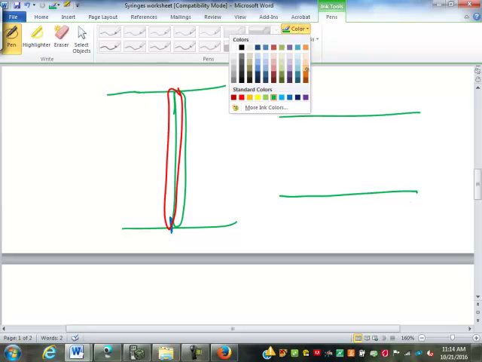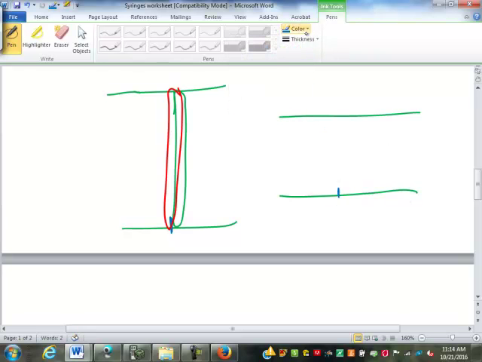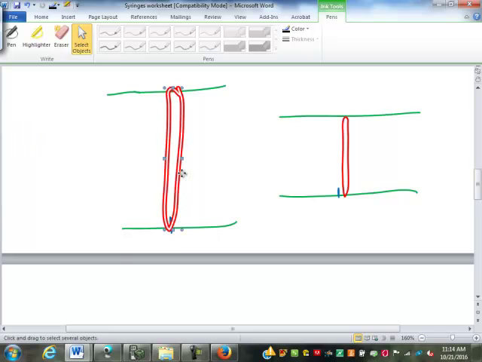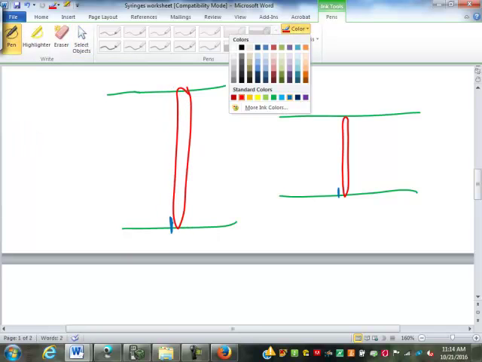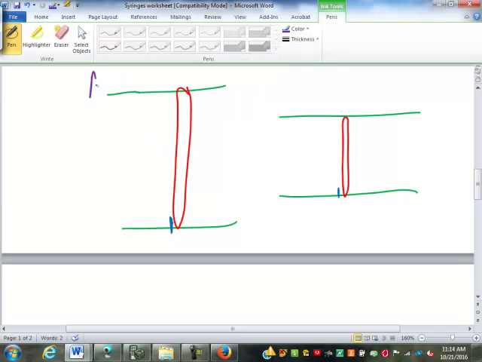if I have a narrow syringe, there's the end of my plunger. And let's say I'm off by just a little bit. Versus this one here, which is a wide syringe. So this is syringe A, syringe B. They don't necessarily match up with A and B from before.